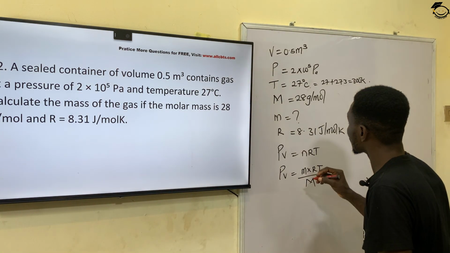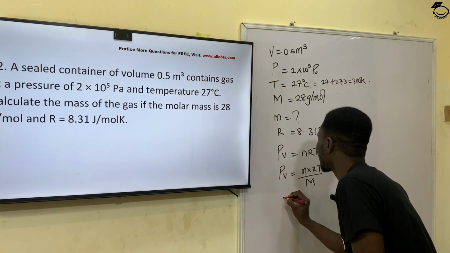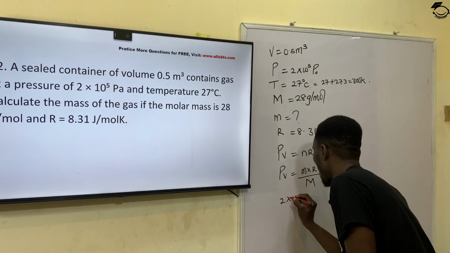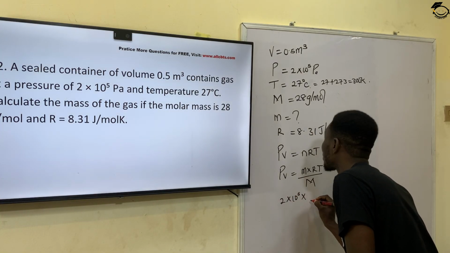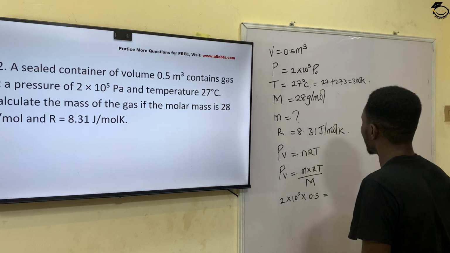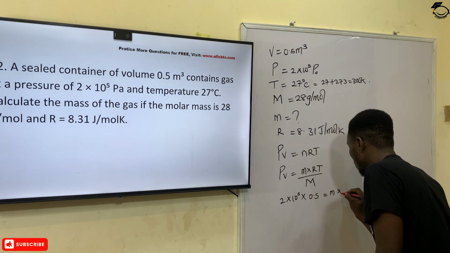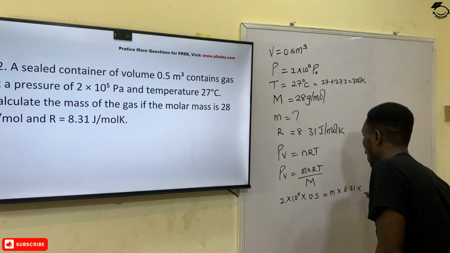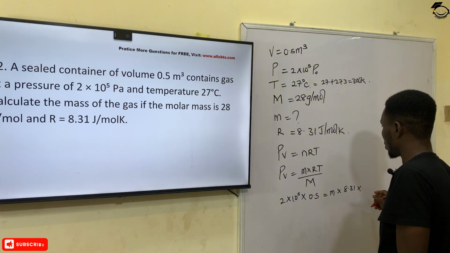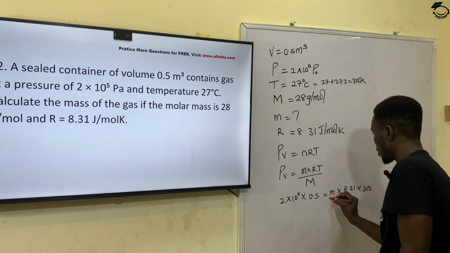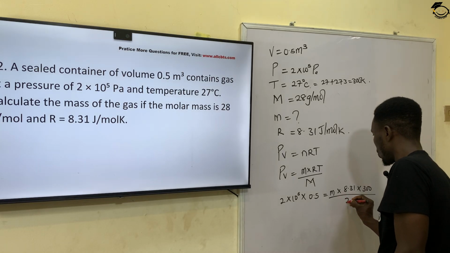If you substitute our values into this question, I have my pressure as 2 times 10 raised to the power 5 times the volume, 0.5, is equal to the mass, which is unknown, times 8.31 times the temperature, given as 300 Kelvin, divided by the molar mass, which was 28.